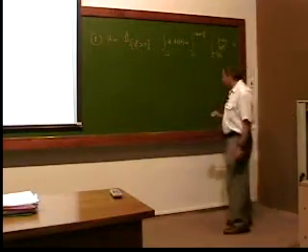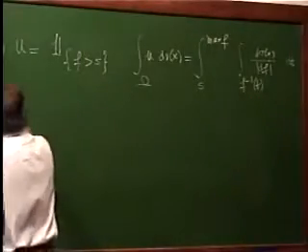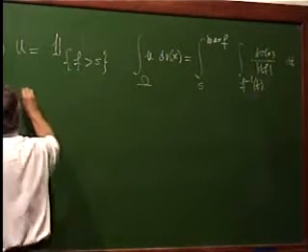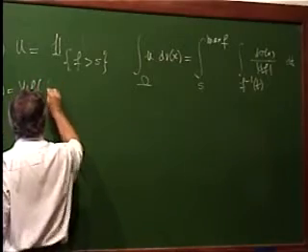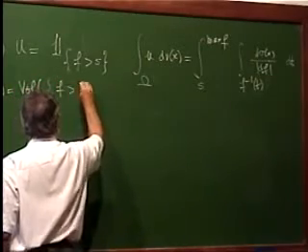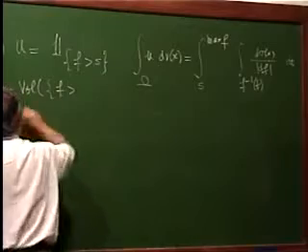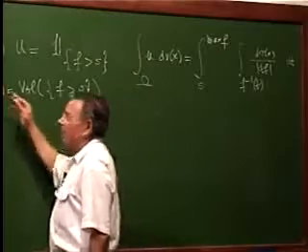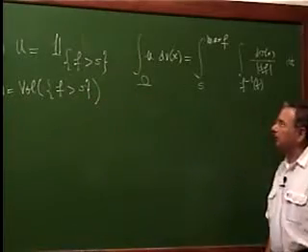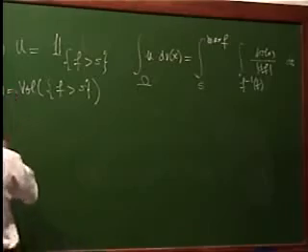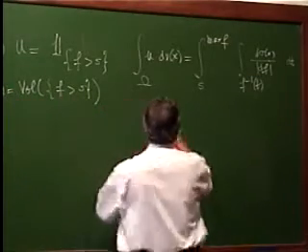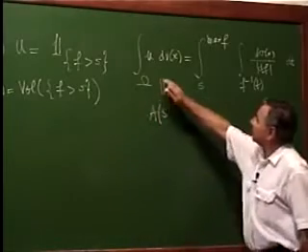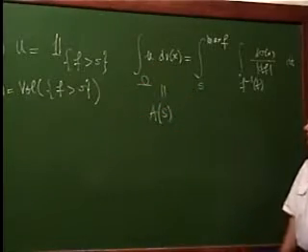Okay, so this tells you something interesting. If you call, let me call A of s now the volume of the set {f bigger than s}, and L of s will be the perimeter, then what you have is that, of course, this will be A of s, because this is exactly 1 when f is bigger than s.